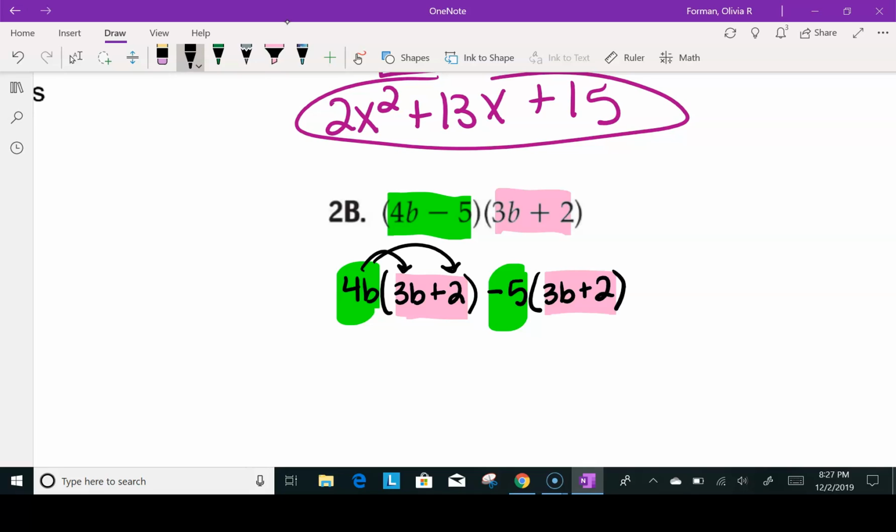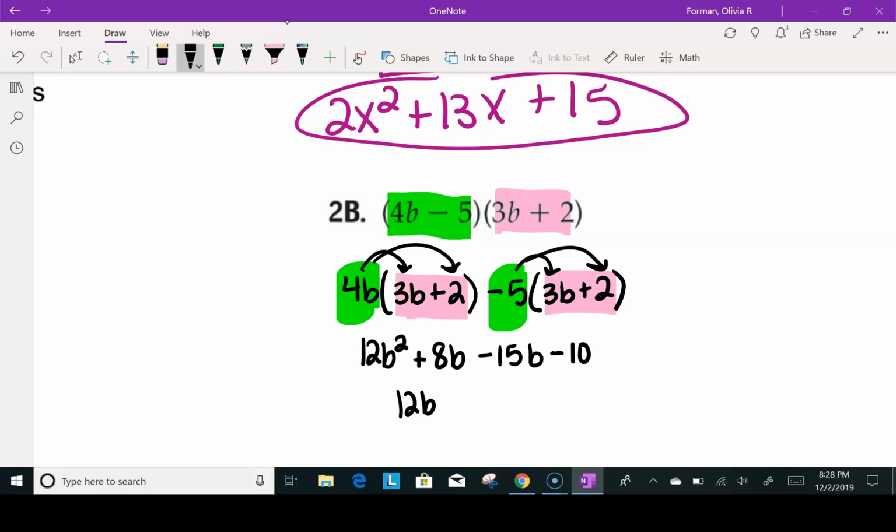So if I take 4b times 3b, 4 times 3 gives you the 12. B times b gives you b squared. 4b times 2, you would get 8b. Okay, move on to the next grouping. Negative 5 times 3 is negative 15b. Negative 5 times 2 is negative 10.